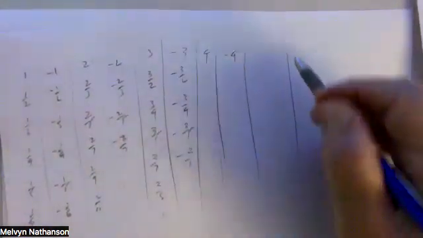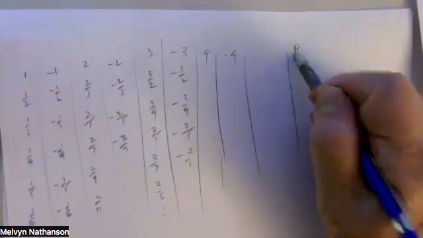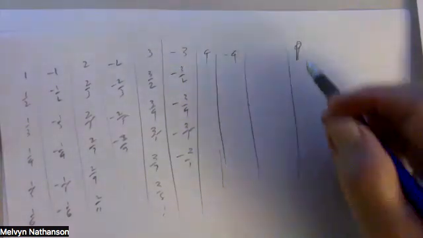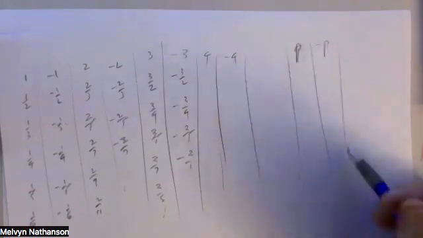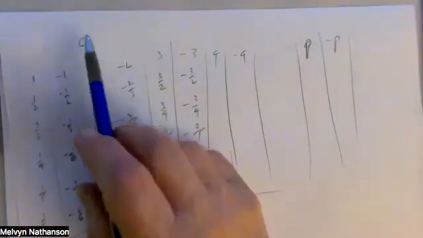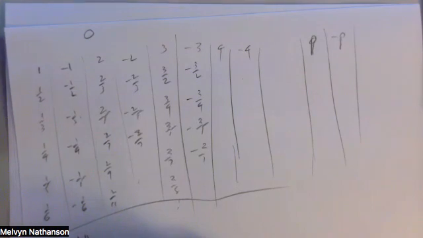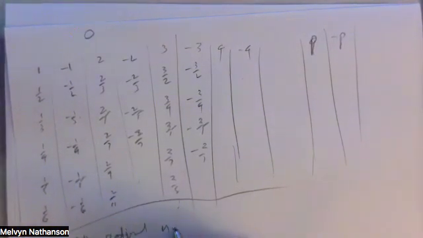So for every positive integer p, there are all fractions with numerator p and all the fractions with numerator minus p. And then I shouldn't forget 0. So here's 0, and then all the non-zero fractions in this infinite array. What I've written down is all rational numbers.